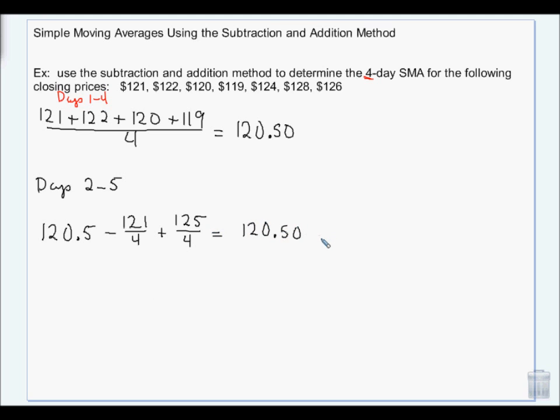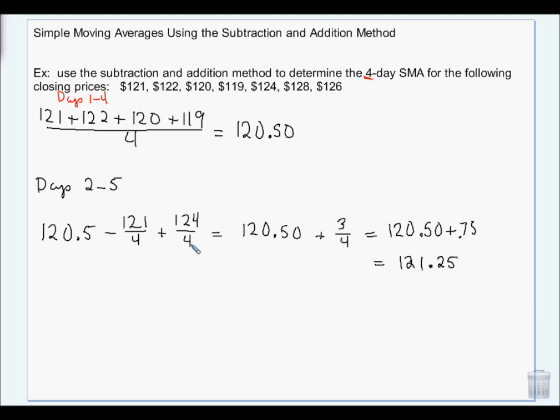So what this is actually is 120.50 plus, look at that, 121, 125. Oh, sorry, no, it's 124. 124, thank you. 124 over 4. So this is negative 121 plus 124, so that's actually 3, which is actually 75 cents. So it's actually 121.25.